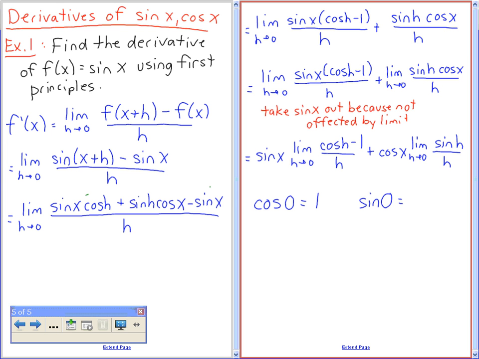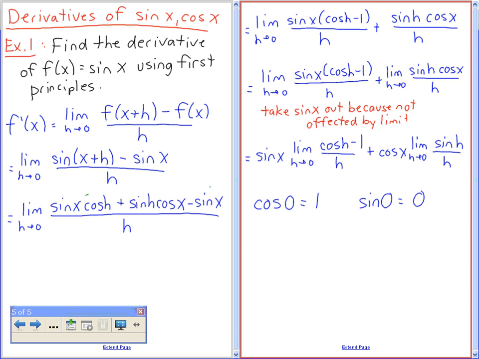I want to be able to do it without a calculator. Think of the sine graph. So when you start at 0, sine's at 0. When cos is at 0, you start at 1.